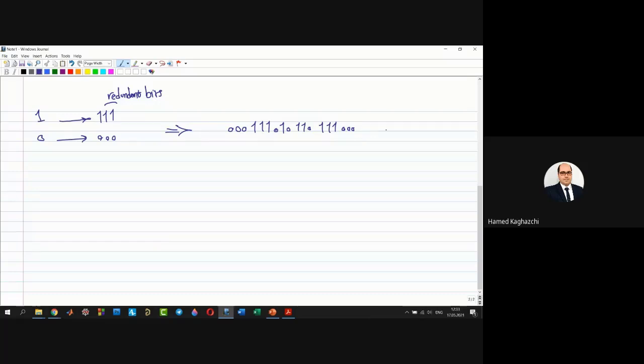This is my data packet, the data sequence which I received. Now, I want to detect my original data from this data packet.